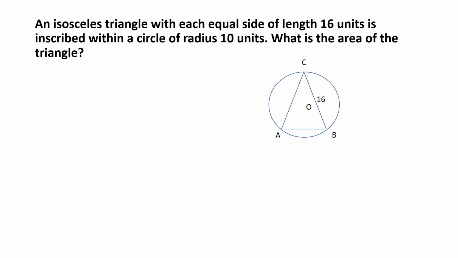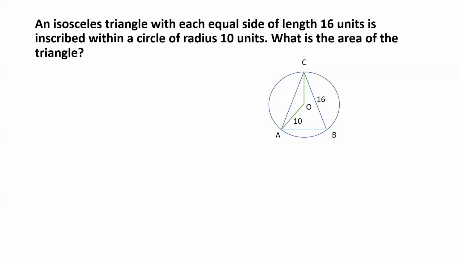We join the vertices A and C with the center O. AO and OC are radii of the circle, so they are equal. That makes triangle AOC an isosceles triangle.